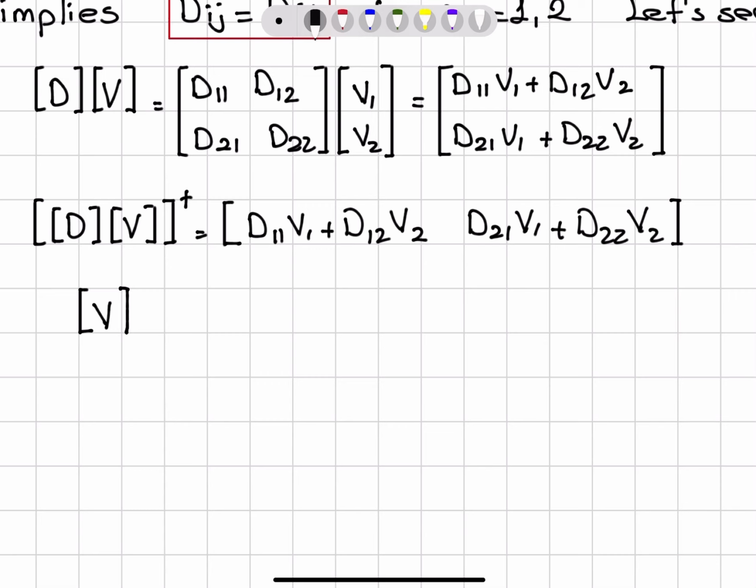We take the transpose of the 2 by 1 column matrix V, and D is pre-multiplied by V transpose.